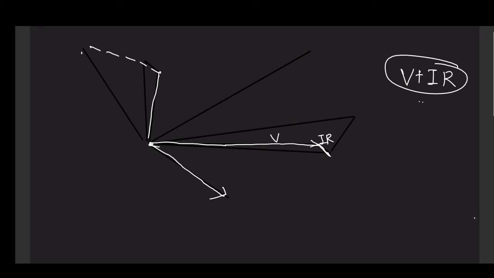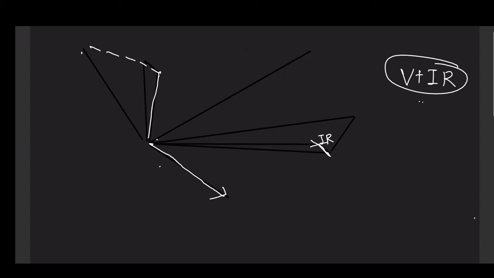For that physical EMF, we draw a vector corresponding to it, adding this V. This is the vector I am talking about. This is our V. There is always some problem.